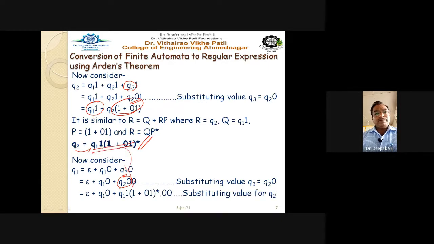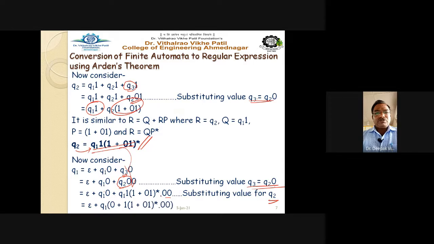So here I can write epsilon plus Q1 dot 0 plus Q1 dot 1 into bracket 1 plus 0 1, bracket complete, star, dot 0 0, substituting the value for Q2. Read it carefully. These are the values we are substituting accordingly, right?